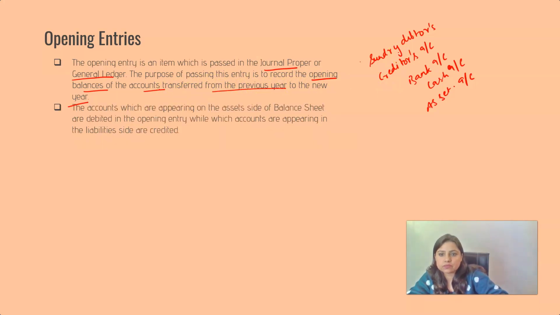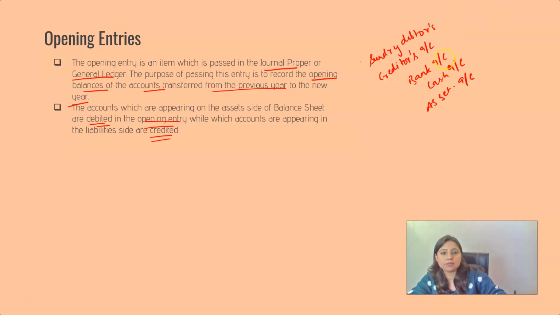The accounts that appear on the asset side of the balance sheet are debited in the opening entry, while the accounts which appear on the liability side are credited. That is how they will have a debit balance when that particular account is opened.